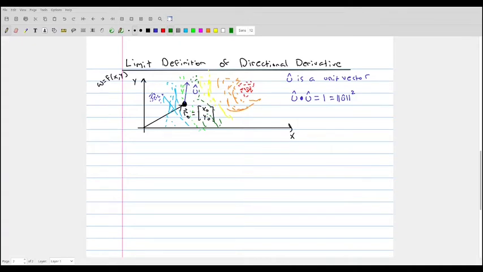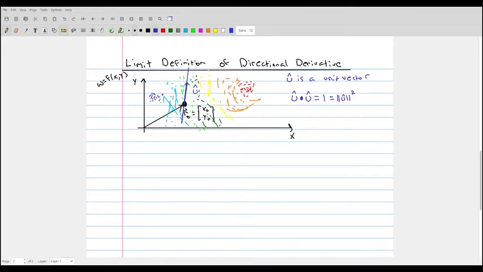Now you could do this at any different point here, but we want to figure out exactly how to do this. The correct way of doing this is the following. You consider the line that stretches in the direction of this vector u hat, directly in this direction right here.